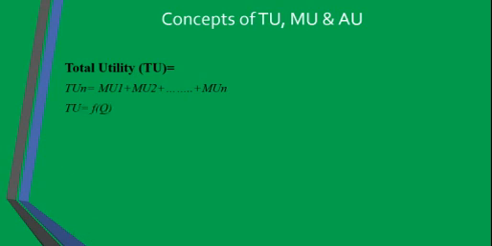The larger the quantity of a commodity purchased or consumed by the consumer, the greater is the total utility. Therefore, total utility of commodity X is a function of the quantity of X. This means that total utility of a commodity is a direct function of the number of units of the commodity.